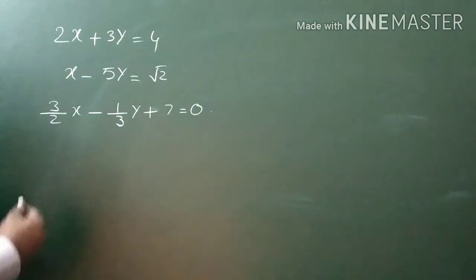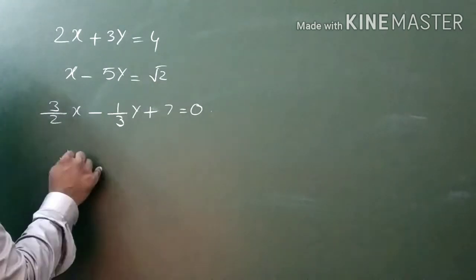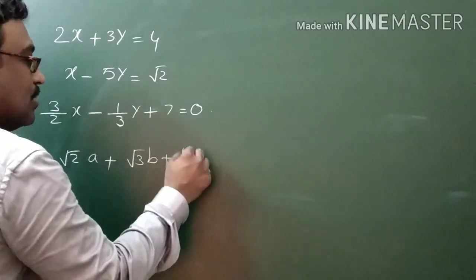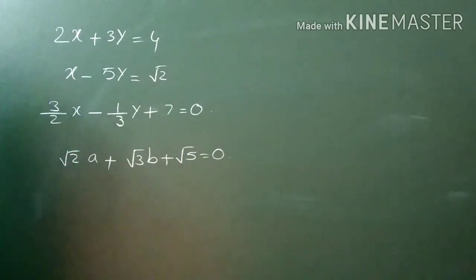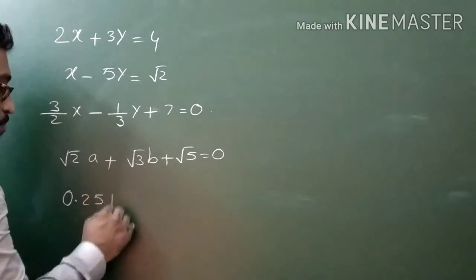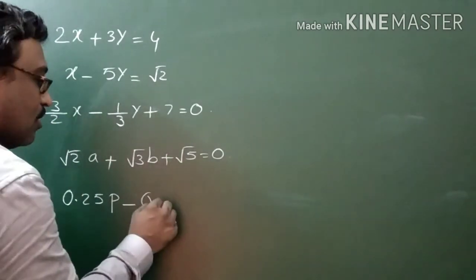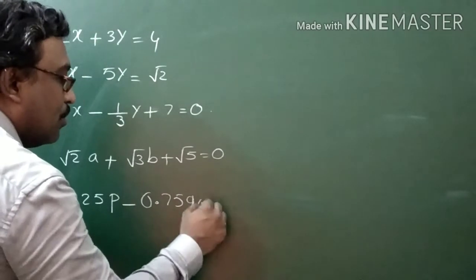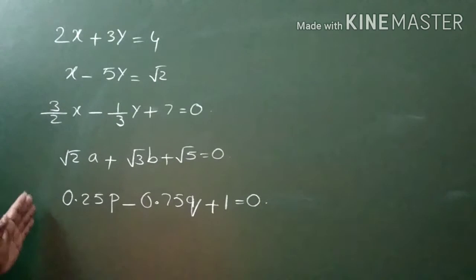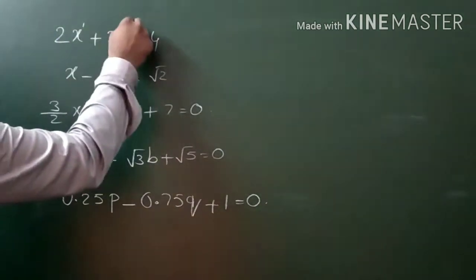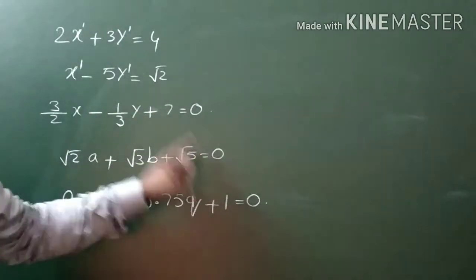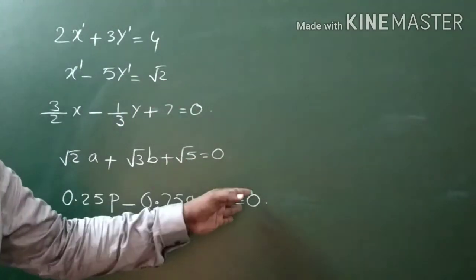Not only in x and y, you can write root 2a plus root 3b plus root 5 is equal to 0, or else 0.25p minus 0.75q plus 1 equal to 0. These are all linear equations because all degrees are 1, and the equal to symbol is there, with either a constant or 0.